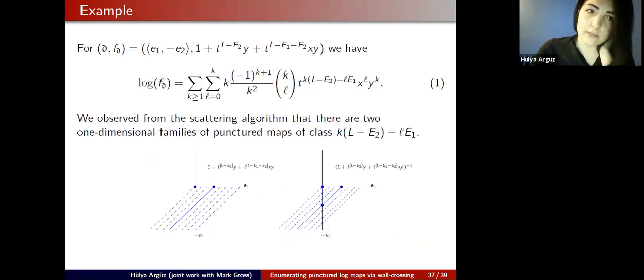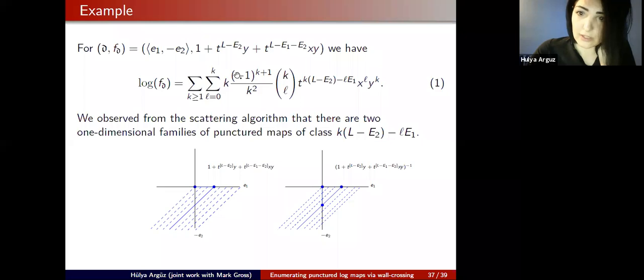So if I take the log of these wall crossing functions that I obtained purely algorithmically after a change of variables from Tij's to curve classes, I obtain some coefficients, and our algorithm is telling us that these coefficients are punctured log Gromov-Witten invariants. What kind of punctured log Gromov-Witten invariants are they telling us?